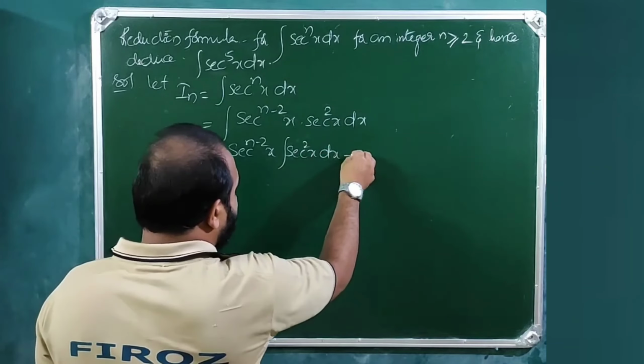So cos power n minus 2 x plus 2, bases are equal. So we got cos power n minus 2 plus 2, which is cos power n x into sin power m x dx. Again, integral cos power n minus 2 x into sin power m x into 1 is itself, minus this into cos square x. So cos power n minus 2 x into cos square x. Bases are equal. n minus 2 plus 2 is cos power n x into sin power m x dx.